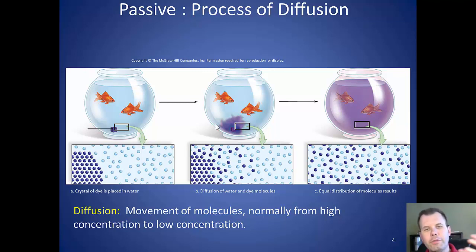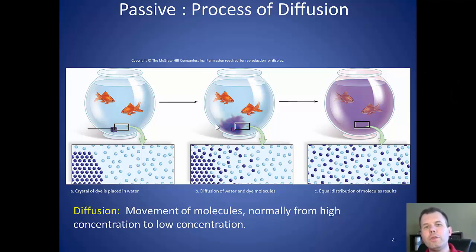So if you have something that is of high concentration, it's going to move to an area of low concentration so it can equalize the amount out. You want to have the same on this side of the membrane as on that side, so you have equal amounts. If you have a high concentration on this side, everything is going to cross the membrane like this to go to the low side, so that you get equal amounts on both sides. And that's how biology works.